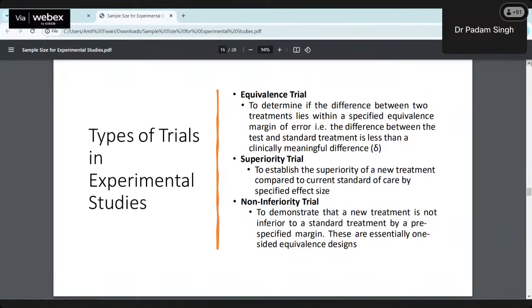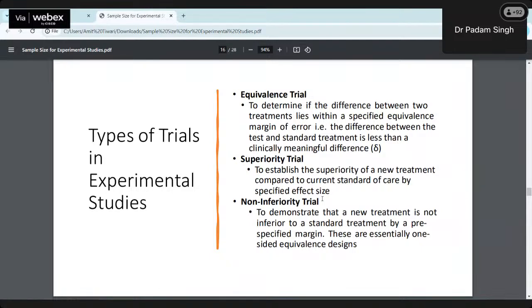Now, these जो trials हैं, there are different names given. So it could be an equivalence trial, a superiority trial, or a non-inferiority trial. जो हमारे RCTs होती हैं वो 3 तरह की होती हैं. एंड सैंपल साइज जो फॉर्मूला है तीनों सिचुएशंस में थोड़ा सा डिफरेंट है.